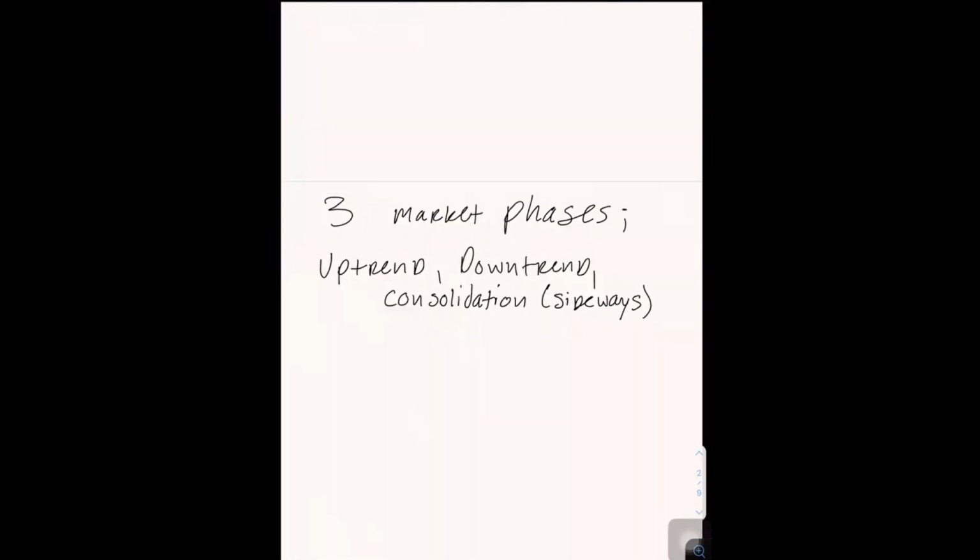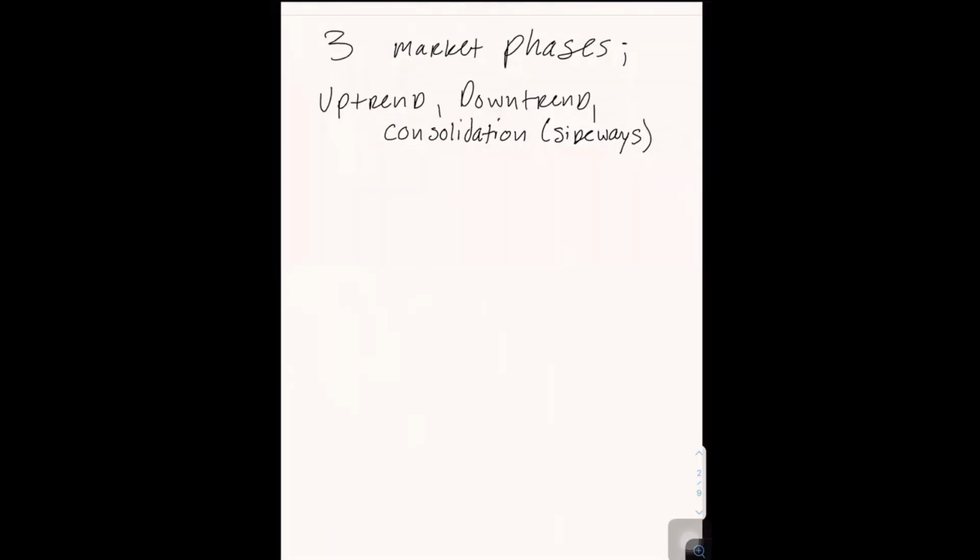There are three market phases that you need to know. You have an uptrend, a downtrend, and consolidation. So in an uptrend, you see higher lows making higher highs, and then new higher lows making new higher highs.